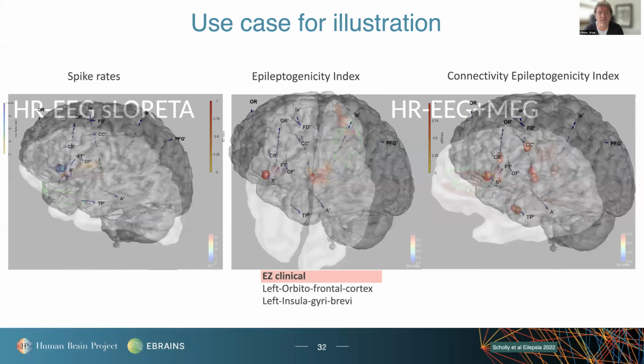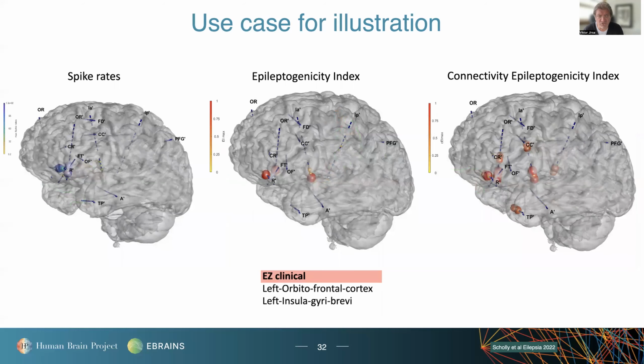And actually with SEEG, there were different markers that were employed: spike rates, an epileptogenicity index, which is a ratio of high frequency discharges, mostly in the gamma band, to low frequency discharges, mostly in the alpha and beta band, is also used as a biomarker. And the connectivity epileptogenicity index takes also the connectome into account.